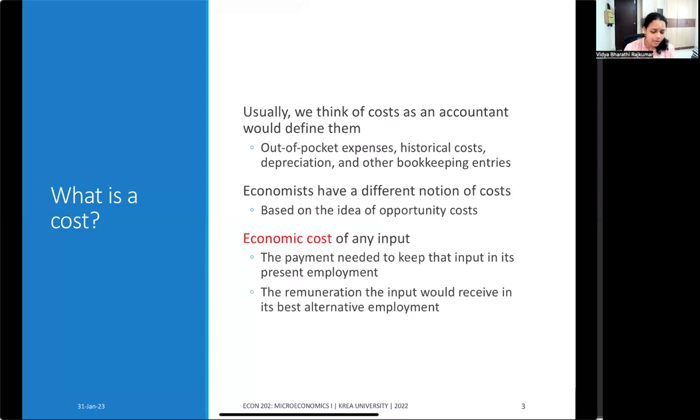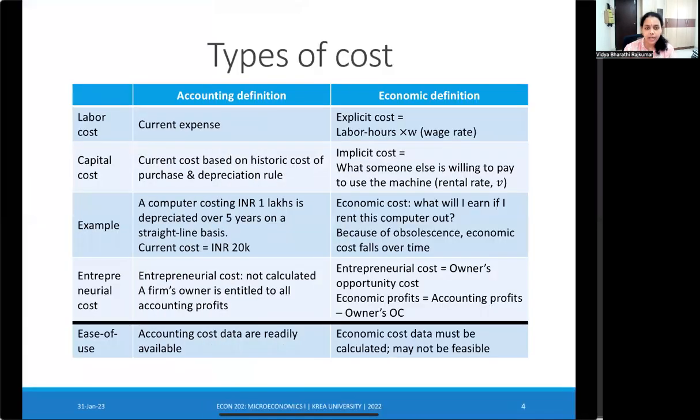So to give you a few examples of how common resources, typical inputs into production like labor, capital and entrepreneur services, are seen by economists and accountants. Take labor cost. Whenever you're hiring laborers at a certain wage rate, maybe there is a going rate in the market.